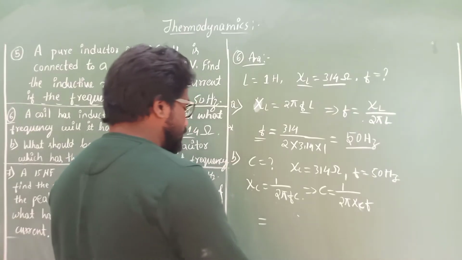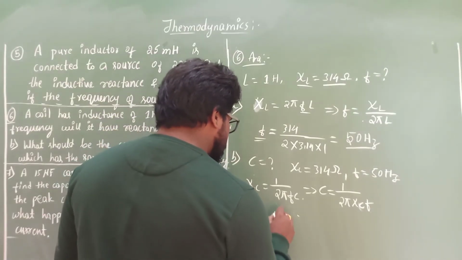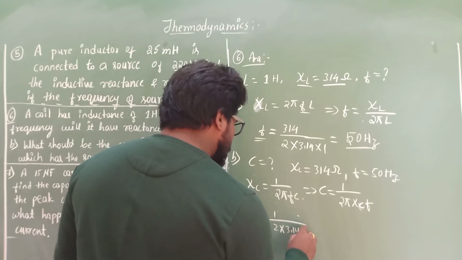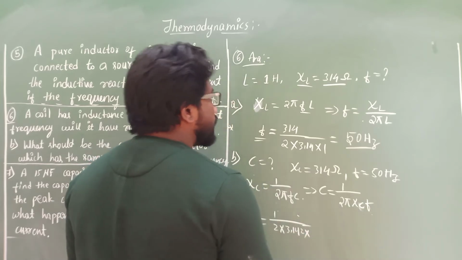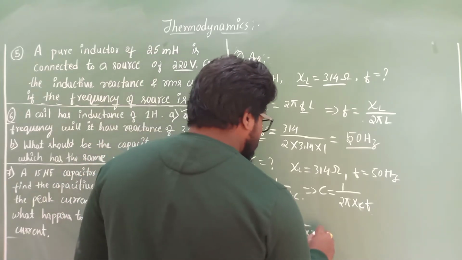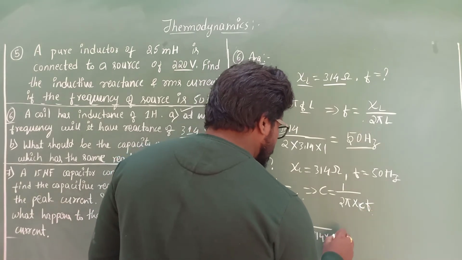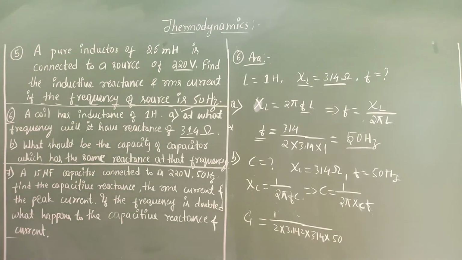So C is equal to 1 over 2 into 3.142 into the XC value, 314, into the F value, 50 Hertz. Keep on simplifying this.